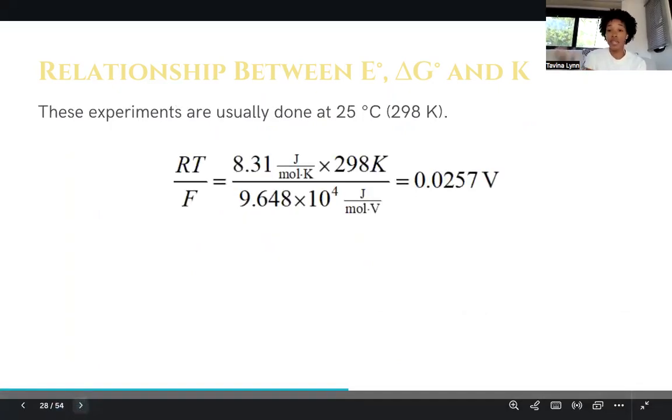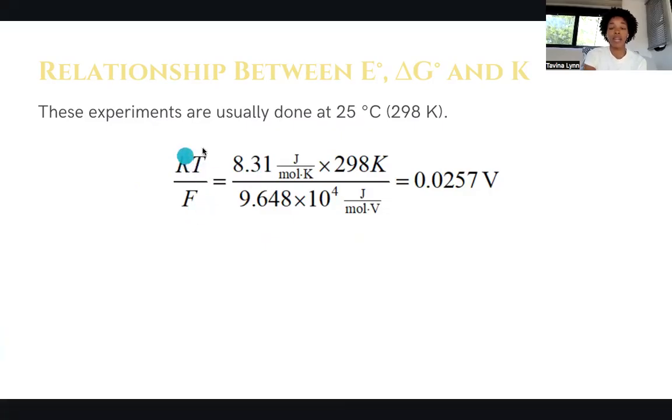Now, under standard conditions, where the temperature is 298 Kelvin, we can solve RT over F. So we put in our gas constant, 298 kelvins for our temperature, and Faraday's constant here, and we get 0.0257 volts.